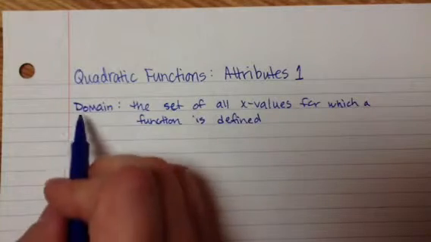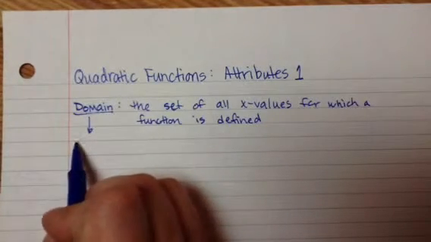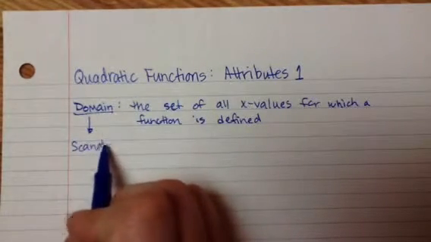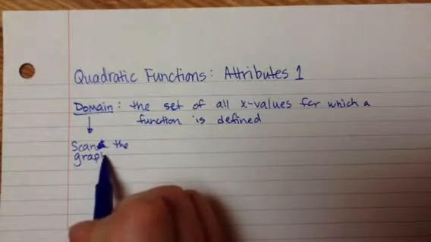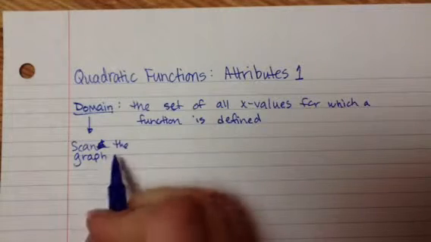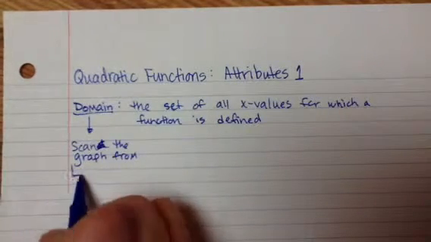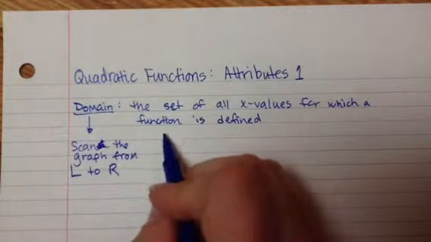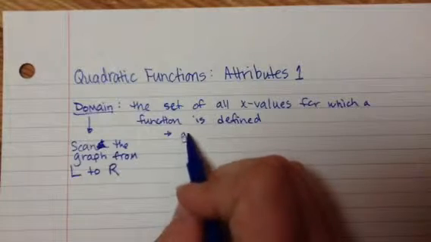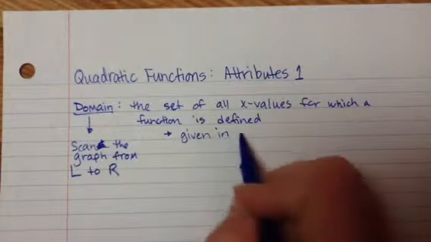To find it from a graph, we're going to scan the graph with our eyes, not with a scanner or anything. We're going to scan the graph from left to right, and we're going to give that answer in interval notation.